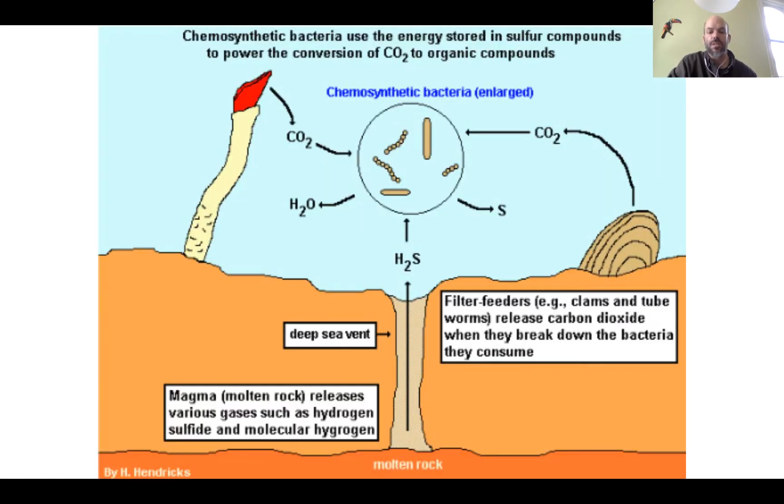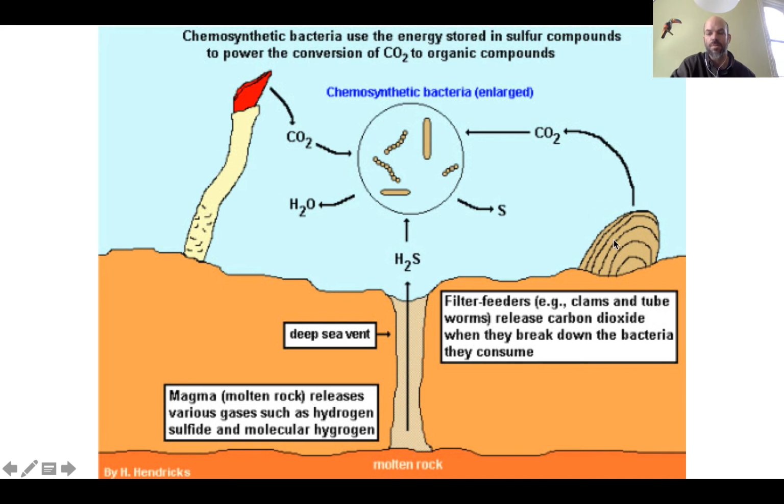So this is just to summarize what we've talked about so far, and again making the analogy to photosynthesis as the primary producing process in a normal sun-powered ecosystem. Instead of photosynthesis, here we have chemosynthesis, and what we mean by chemosynthesis is that carbon fixation is happening by bacteria inside the bodies of the worms, inside the bodies of the clams.